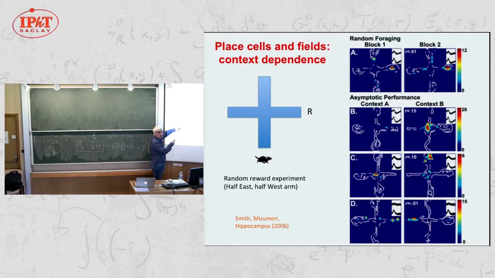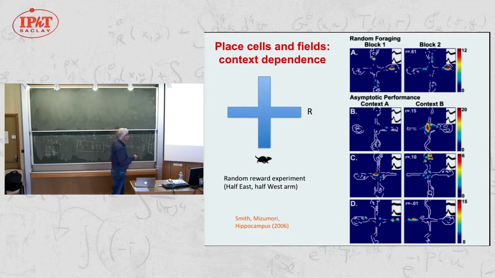What the rat has to do is learn that it should go to the east arm. The rat has 10 trials. After 10 trials, for the next 10 trials, the reward is moved from the east to the west arm. So the rat has to understand that it should go east 10 times and then go west 10 times.